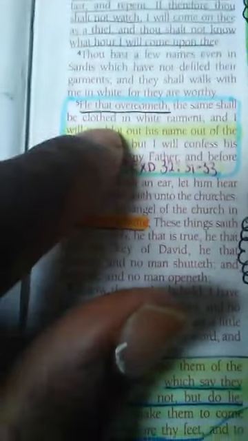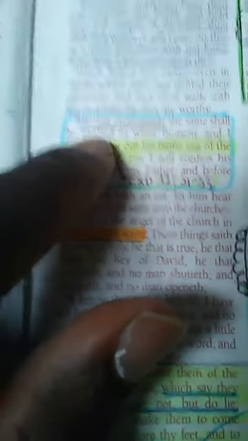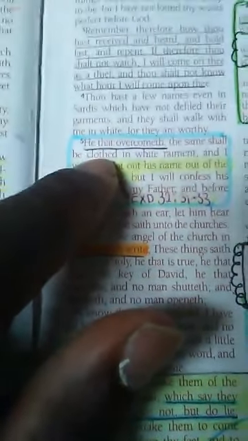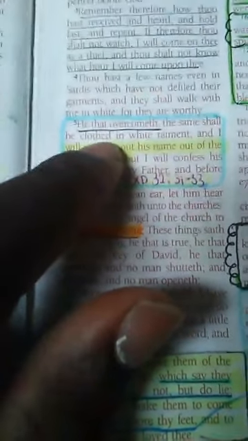You see that? That's why after you pass the 12th grade, you graduate, you have a cap and a gown, because that's to be clothed with that white raiment. And then after your graduation, you eventually go off to universities. See that? And I will not blot out his name out of the book of life. The book of life is what you call the Bible.